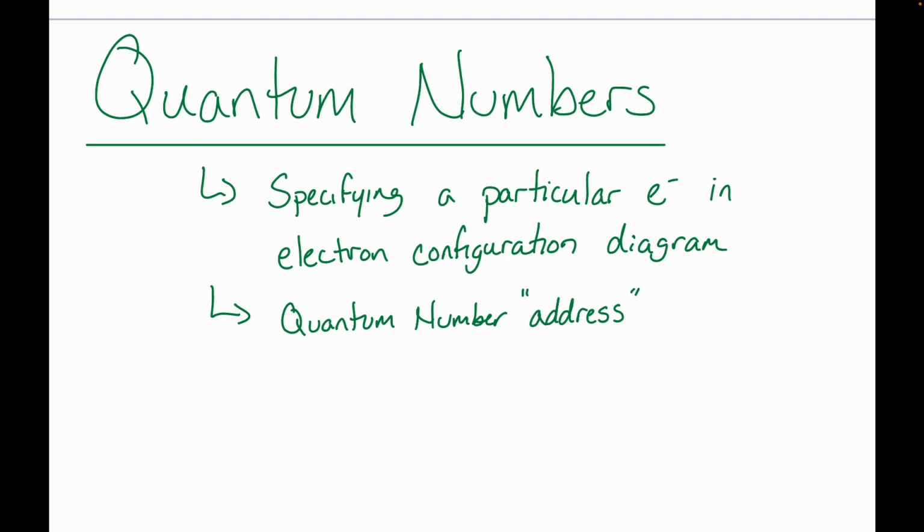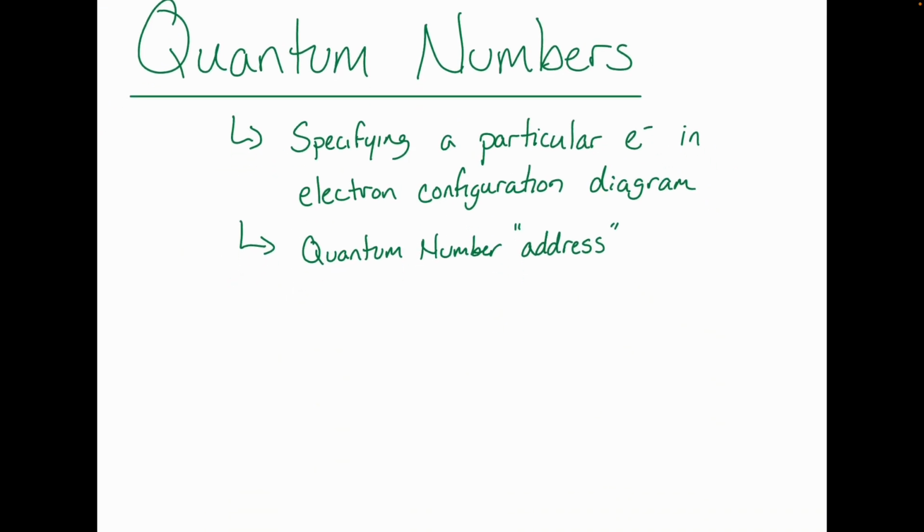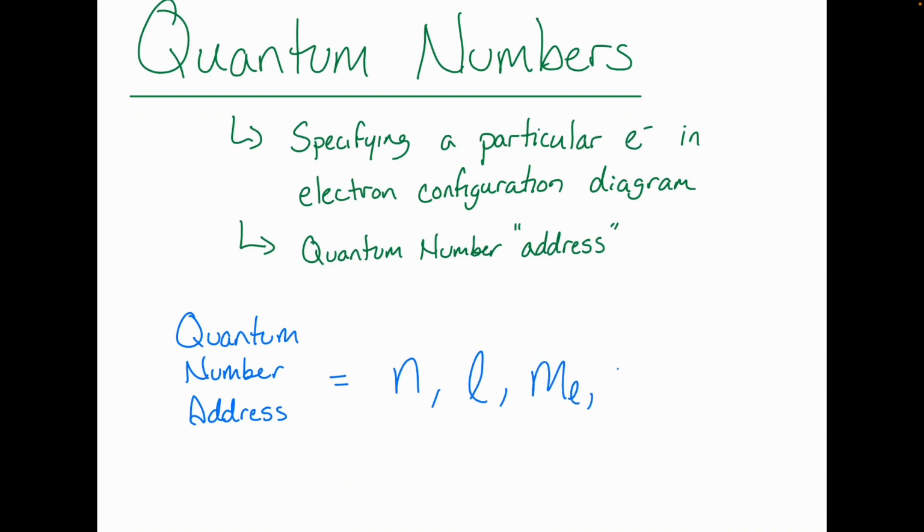And we do so with these 4 digits. Our quantum number address is composed of n, l, m sub l, and m sub s.